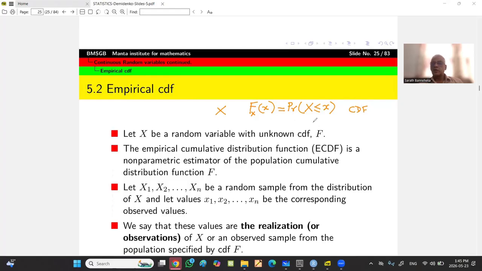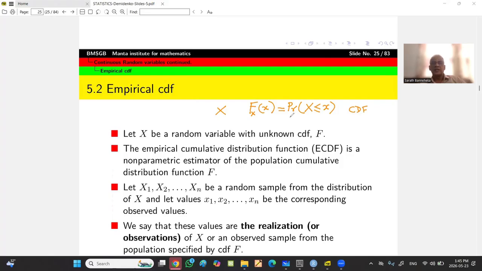This is correct regardless of the type of the random variable, whether it is discrete or continuous, the same definition. Now, this is a theoretical quantity actually. So for example, suppose you assume that a random variable X has an exponential distribution. When you say exponential distribution, it comes with an unknown parameter, lambda, the rate parameter.